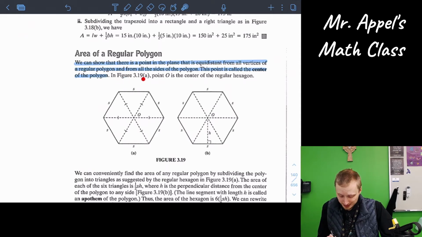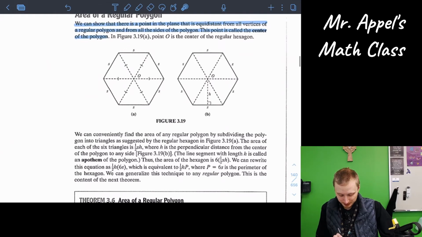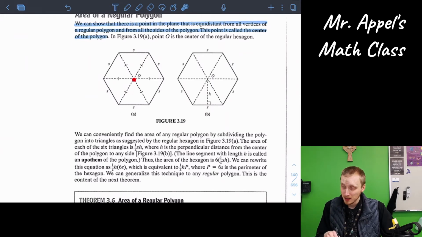So in figure 319A, that point O is the center of the regular hexagon. We can conveniently find the area of any regular polygon by subdividing the polygon into triangles as suggested by the regular hexagon in 319A. Right? They have then added in lines from that center point to each vertex, and you create all these identical small triangles.